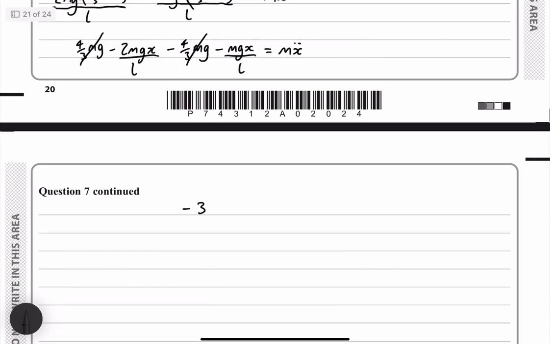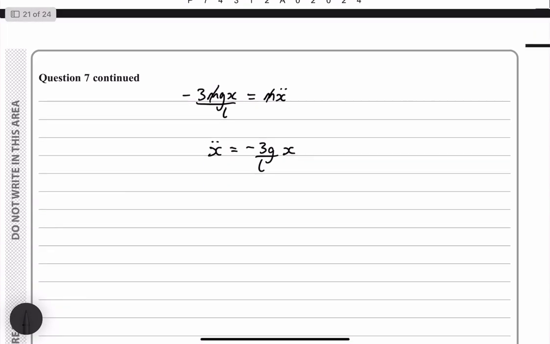We get minus 3mgx over L is equal to m x double dot. The m's cancel. I write the x double dot on this side. We get x double dot equals minus 3g over L times x, which is a simple harmonic motion with omega squared equals 3g over L, because simple harmonic motion is x double dot equals minus omega squared x.